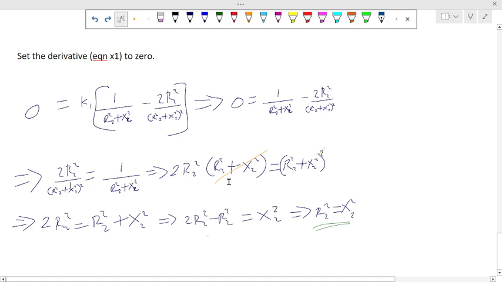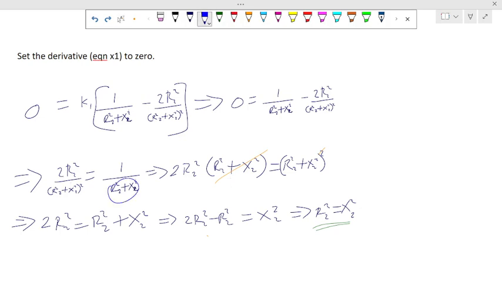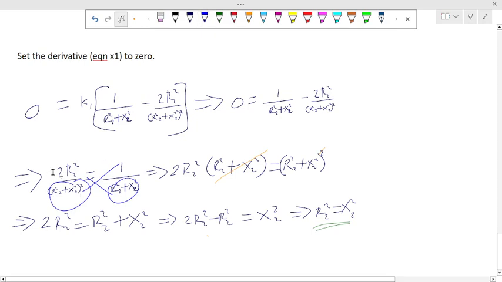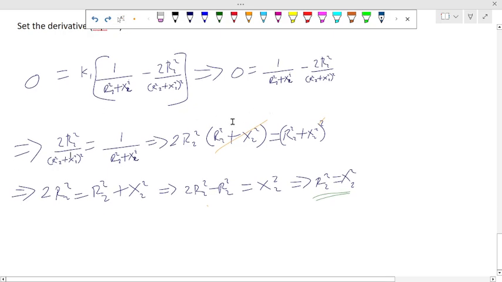So once you do that, we bring this guy this way, we bring this guy this way, cross multiply. So that's why we have 2R2 squared times this, which is what we have here. Okay, and then 1 multiplied by this, it remains the same. Okay, and then what happens next is this. Look at this.